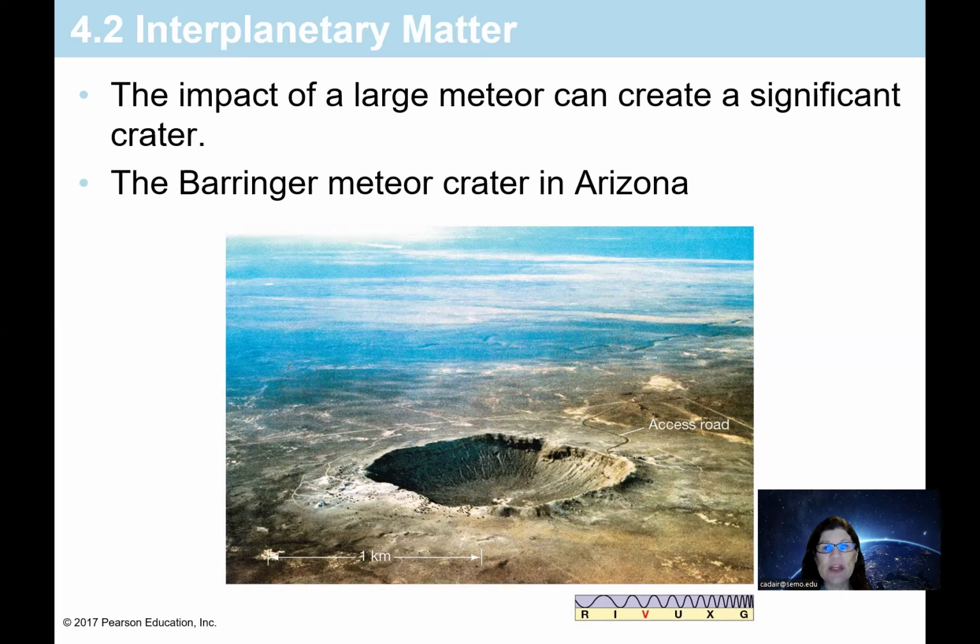This is the Barringer meteor crater in Arizona. Here's the access road, and then I think there's a building right there. And okay, so I've only been here once, and I drove from the highway to the access road, and it was like $17 to go in, and I was supposed to drive another 4 hours to get home to my family, and I was just like, nah. So I didn't spend the $17.